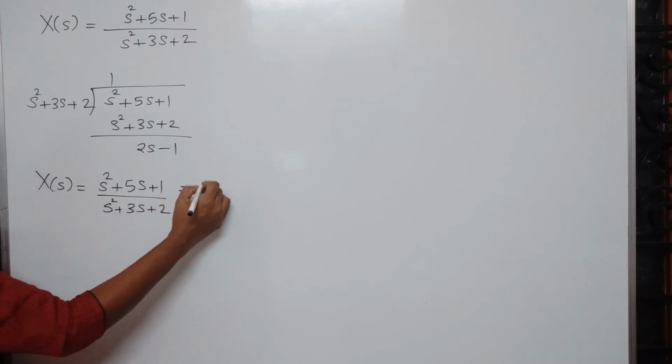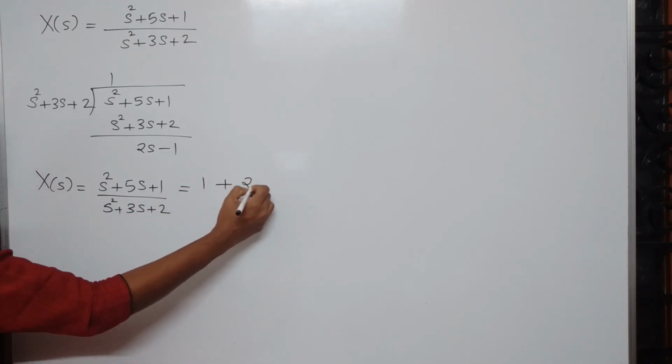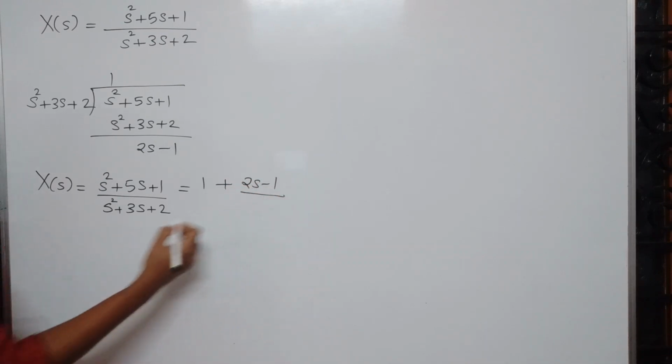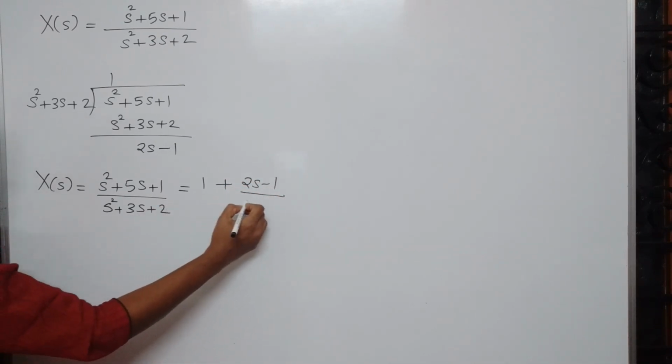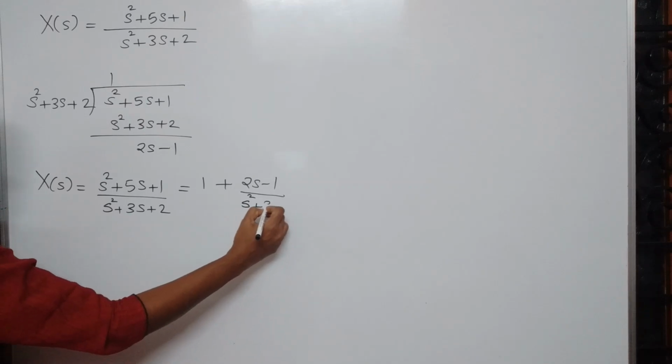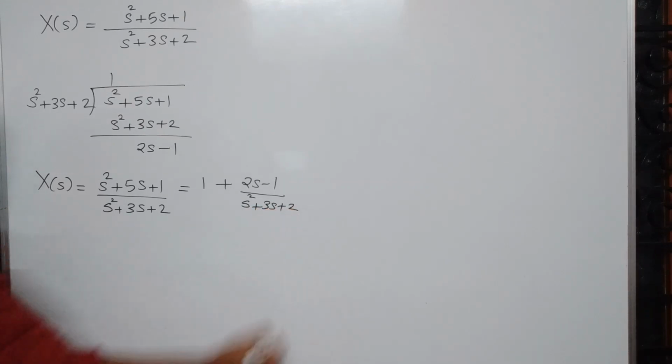So it will be 1 into s square plus 3s plus 2, which leaves 2s minus 1, so the function can be written as 1 plus 2s minus 1 divided by s square plus 3s plus 2.